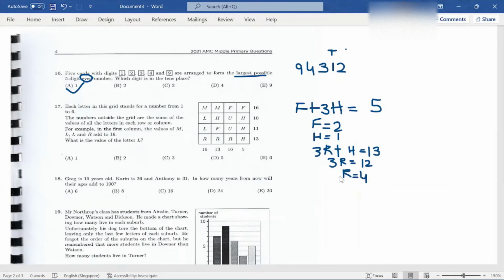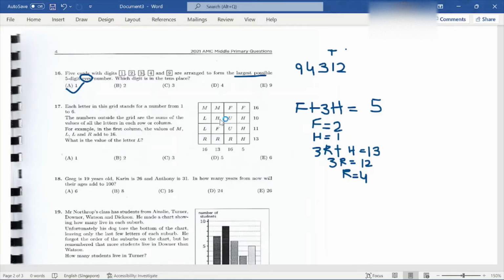Now we know the value of R, the value of F, and the value of H as well. And the question is asking what would be the value of L. So in order to get the value of L, we must know the value of M. So let's figure out the value of M. Looking at this equation, M, H, F, R, right? We know H, F, and R as well.